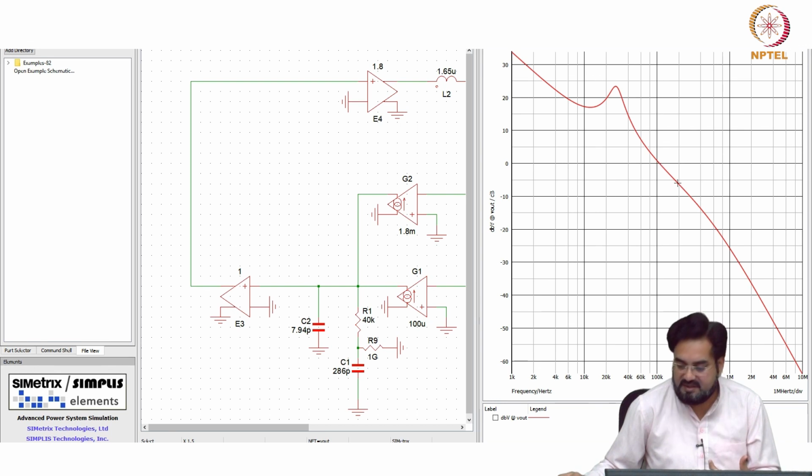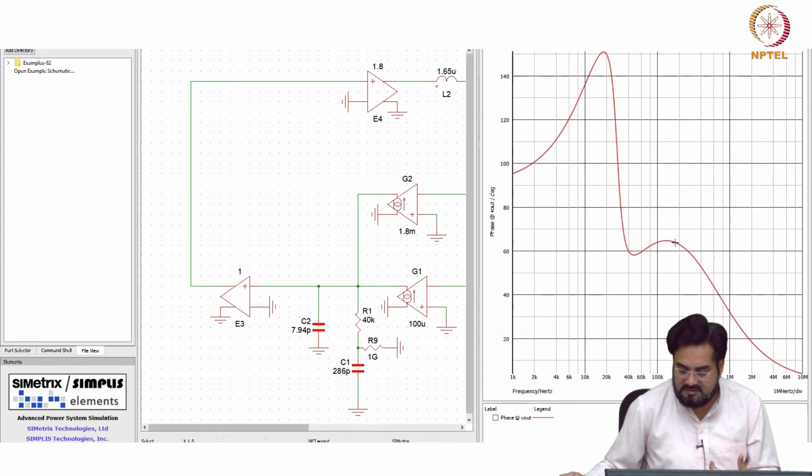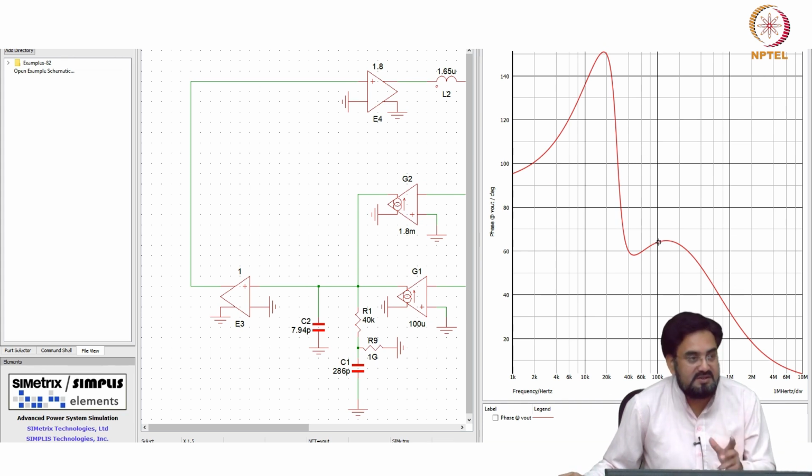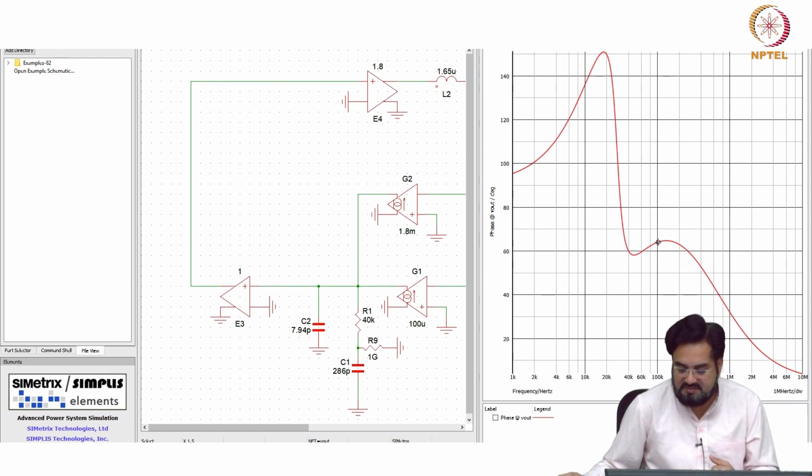And if I look at the phase, it is 64. Without those poles we were getting more than 70, but those poles cause a drop in the phase margin, that is why now you are getting 60.